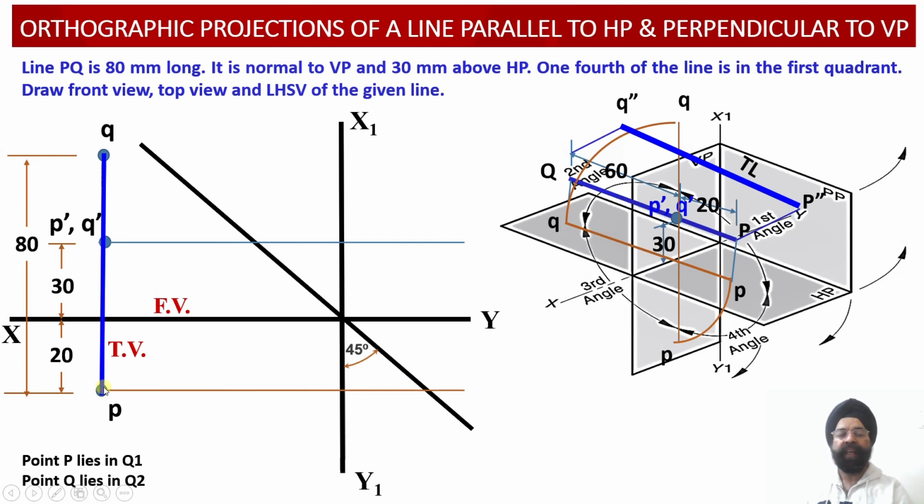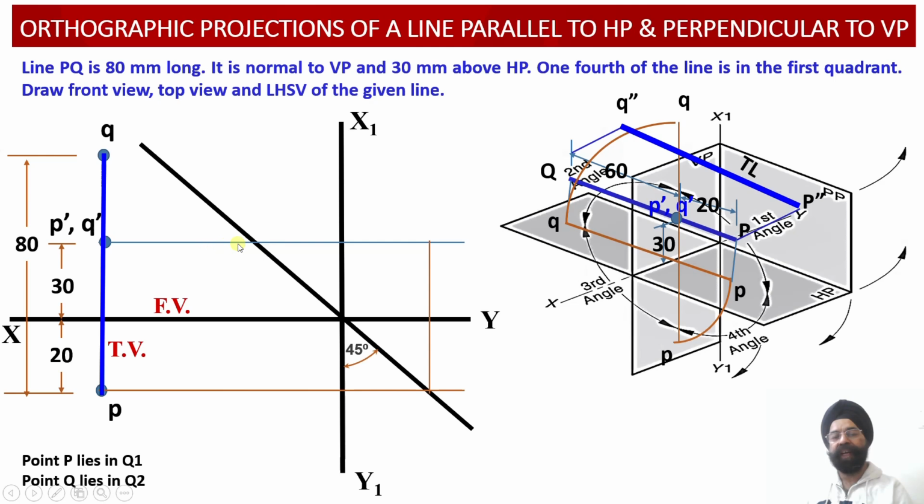So what we have done, we have drawn a horizontal projector line starting from the point P till it intersects with this transfer line which has been drawn at an angle of 45 degree. So wherever this horizontal projector line intersects with this transfer line, now we are going to draw a vertical projector line through this point so that this projector will be extended up to the locus line corresponding to the point P dash in the front view.